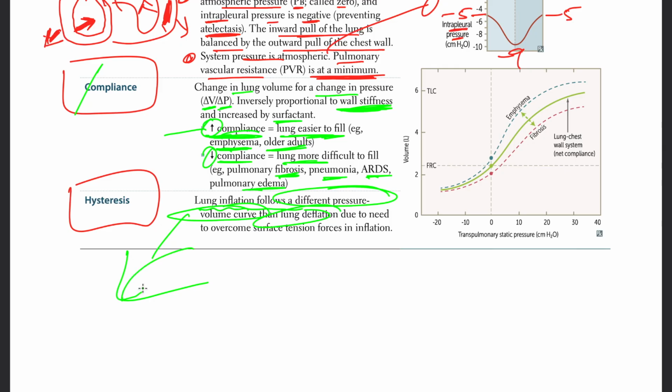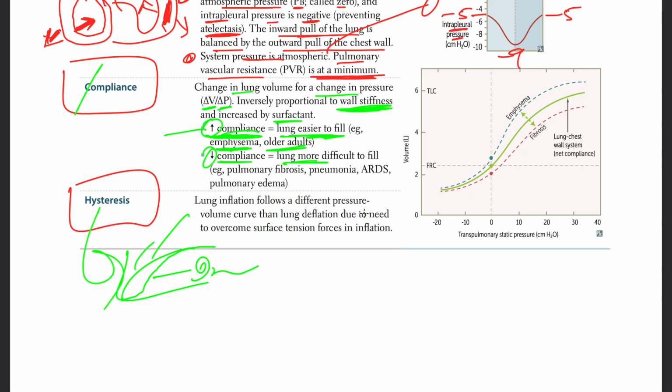So this is your inspiration, expiration, and this is called hysteresis: the inflation curve follows a different pressure-volume curve, which is right here, than the deflation curve. Why does that happen? To overcome surface tension forces in inflation.